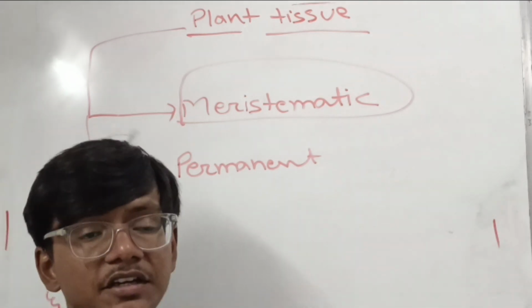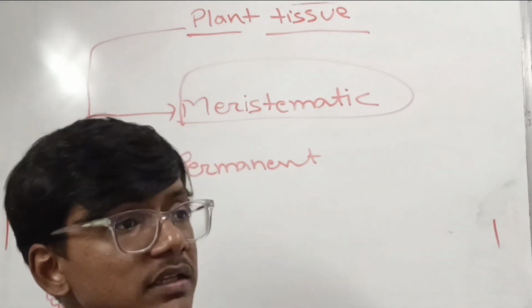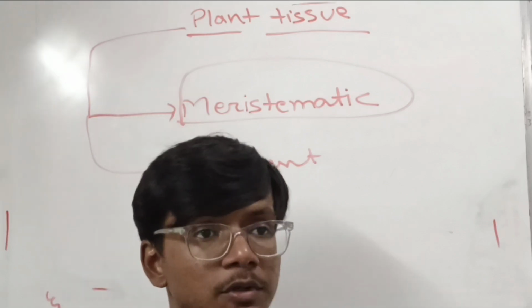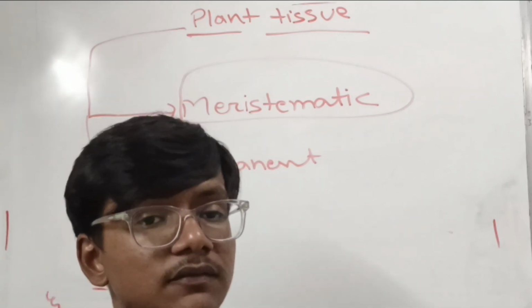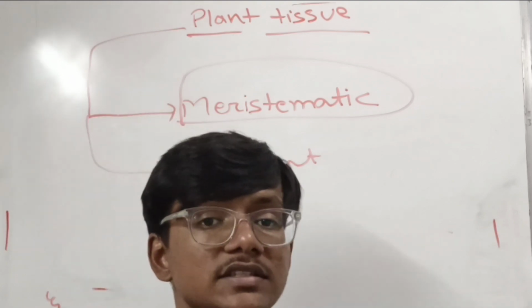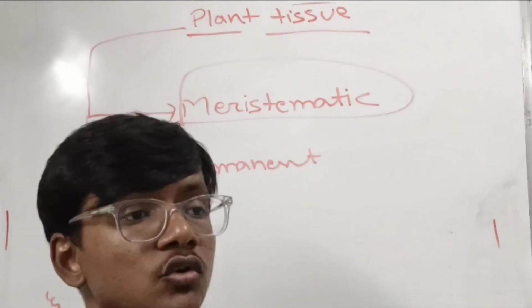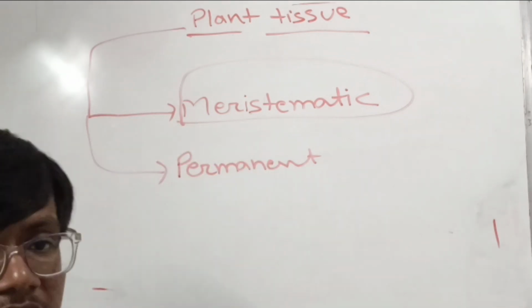Meristematic tissue has the dividing capacity. You can see normal plants grow. If you provide water, sunlight and air to the plants, they start growing. That growing part is because of which tissue? That is because of the meristematic one.